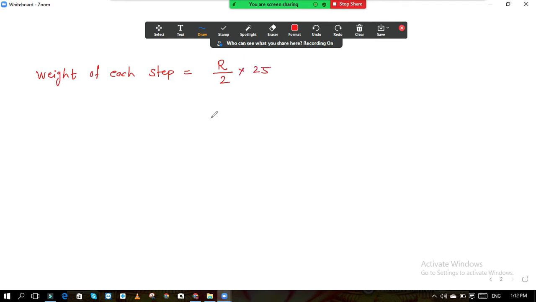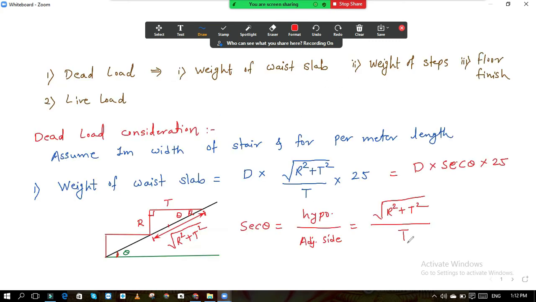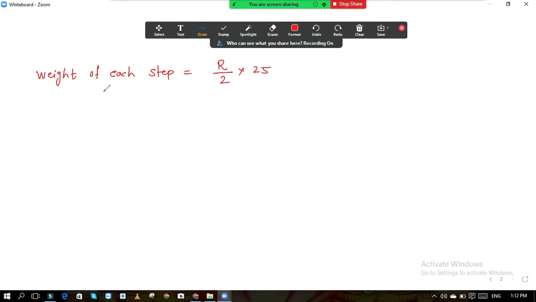This is also in kilonewton per meter. Whatever value you calculate will be in kilonewton per meter.